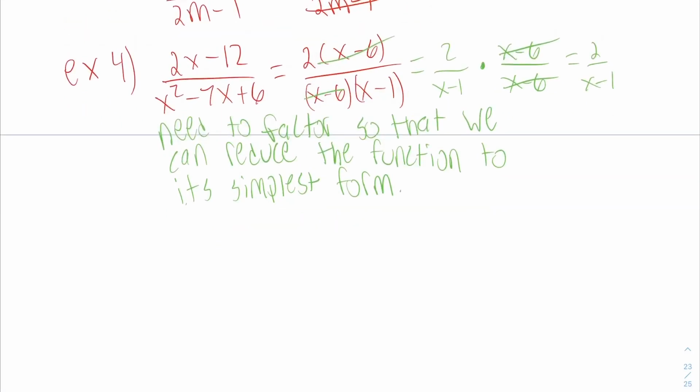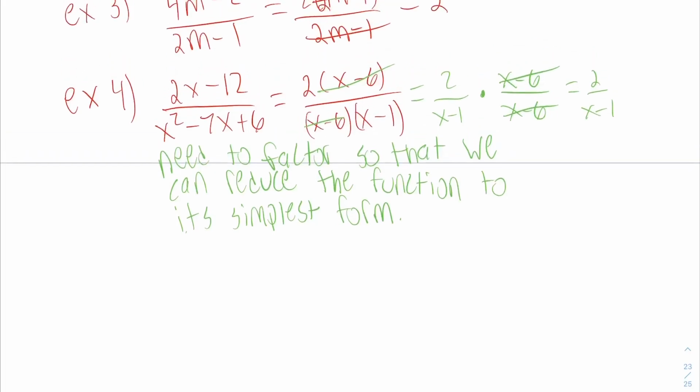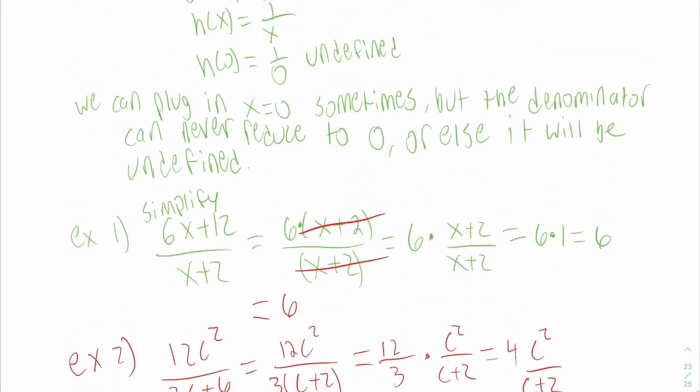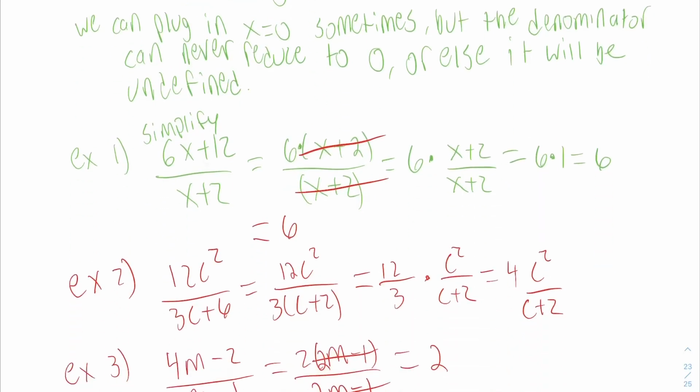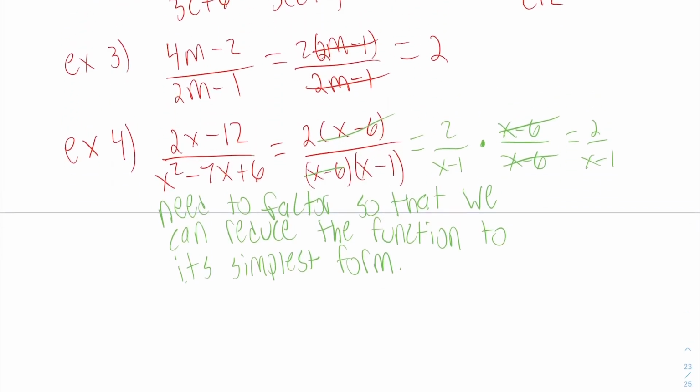The reason we reduce it to the simplest form is so that we can take this into account. Because we want to know, do I get to plug in 0 or can I not plug in 0? The easiest way to know what you can and can't plug in is if you're in the simplest form.